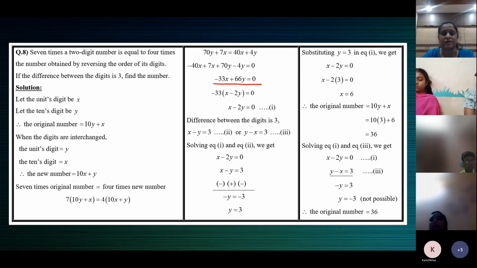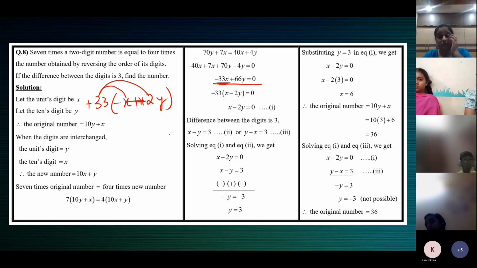Then you should write plus 2y, because 33 into 2 is 66, 66y, and plus, because plus into plus is plus.